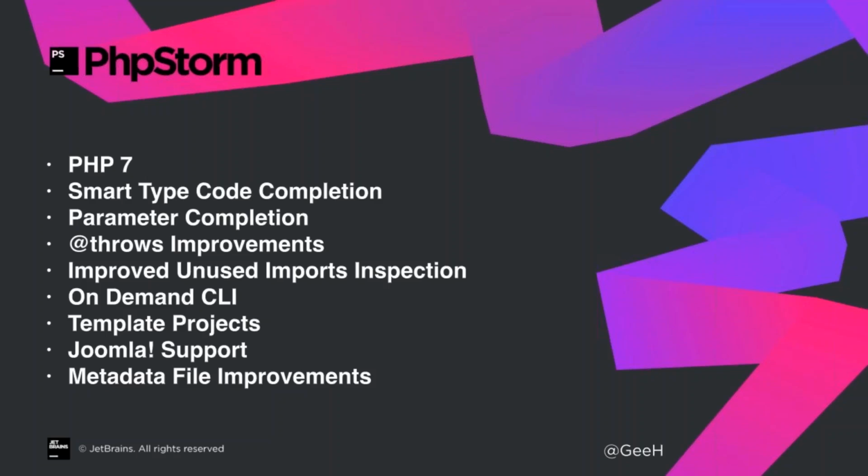This is a neat idea for power users who, if you're using magic methods, __get or __set, and you still want to give your developers code completion, we can't understand your code base as well as you can, so it allows you to set up your own meta file that allows you to have your own code completion rules.